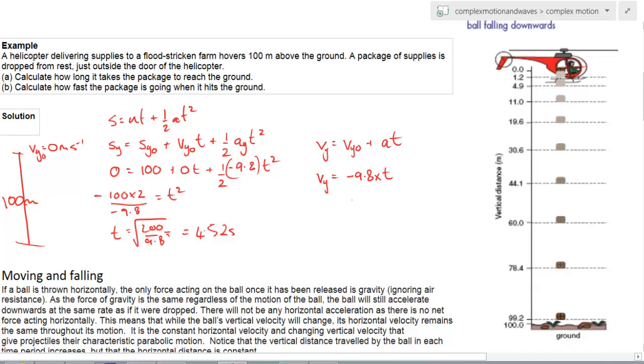And our t was 4.52. Which gives us minus 9.8 times 4.52, which is about 44.3 meters per second in the negative direction. So that's where we get our final velocity.